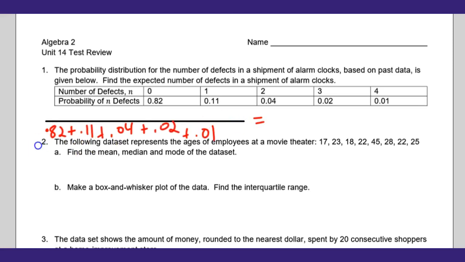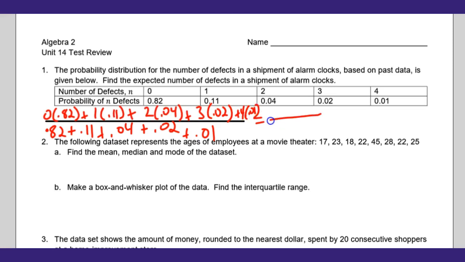All right, and then at the top right here, you're going to multiply the number of defects, or your n, times its percentage. So you have 0 times 0.82, plus 1 times 0.11 plus 2 times 0.04 plus 3 times 0.02 plus 4 times 0.01, like that.